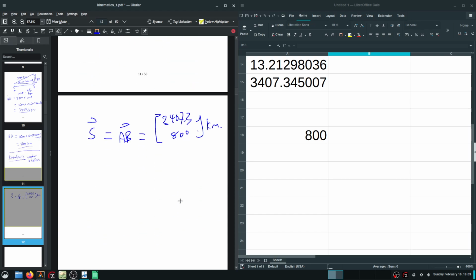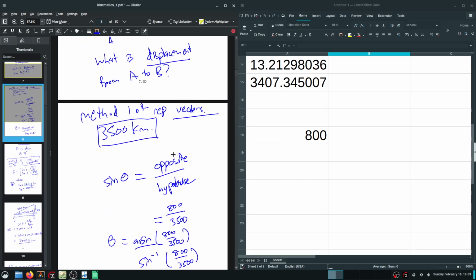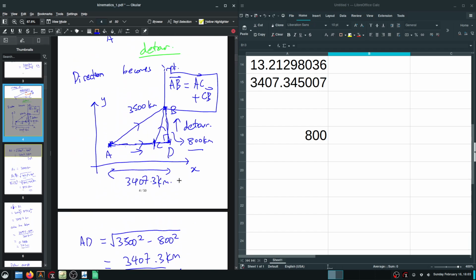Okay, this is AB. Now, I want to show that in vector addition, AB equals AC plus CB. So what's AC? Actually quite easy.